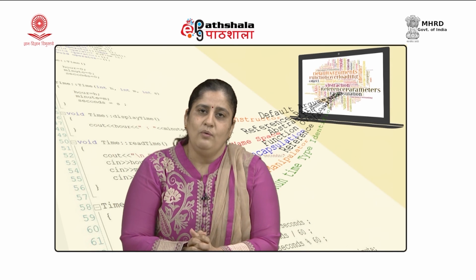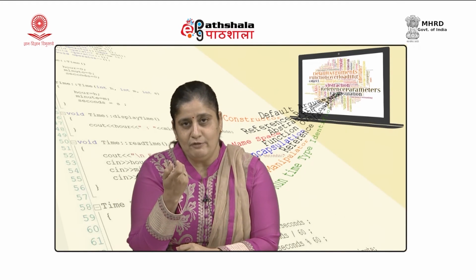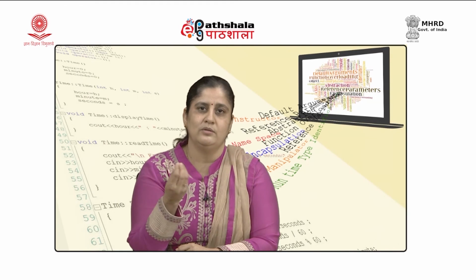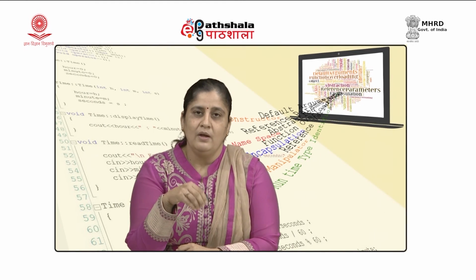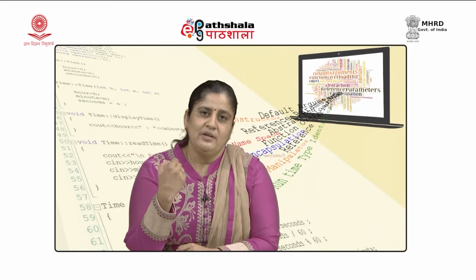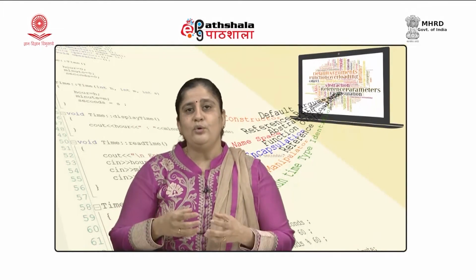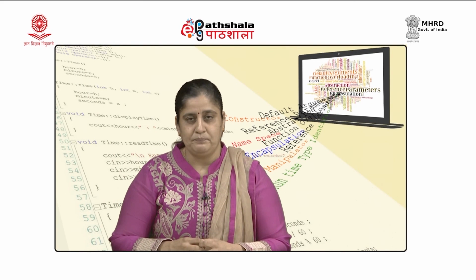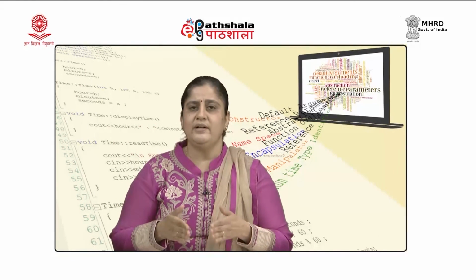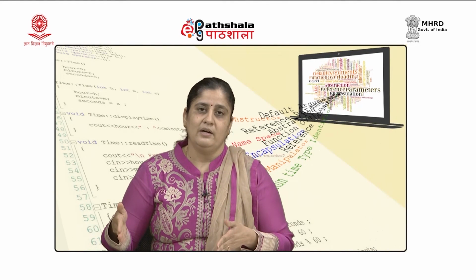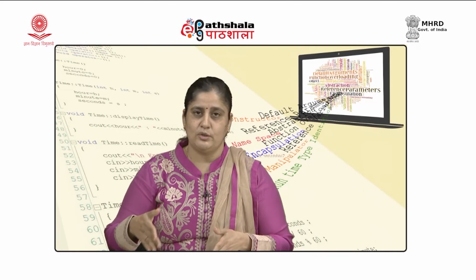Up till now, in the examples that we have been seeing, we are declaring individual objects. For example, for the student class we declared objects like student 1, student 2, student 3. But in a real life application, in the case of the student class, we would like to deal with a large number of students. So, we would not be interested in defining individual student objects to store the data of various students.